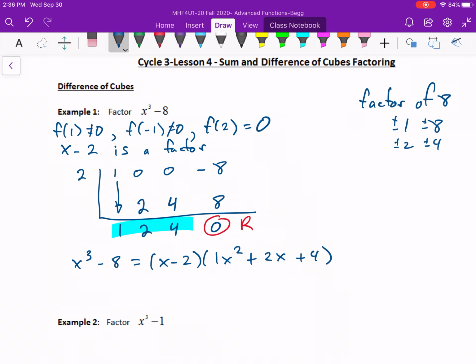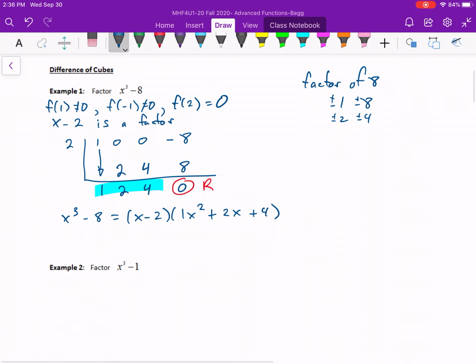And in the past, we'd look at this quadratic and say, does it factor? What are two things that are going to multiply to give 4 and add to give 2? You think about that for a few seconds, and you generally, hopefully, come to the conclusion that nothing nicely multiplies to give 4 and adds to give 2.